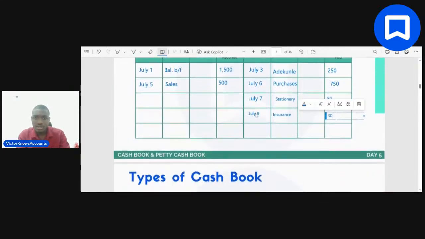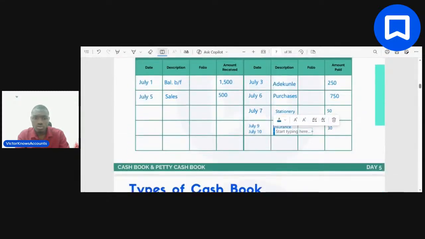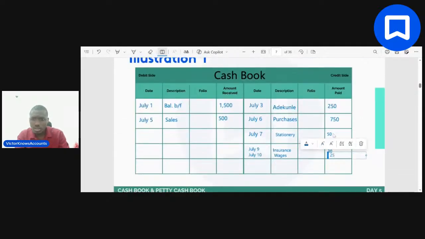Then July 10, you also paid wages, and the amount for that is 25.